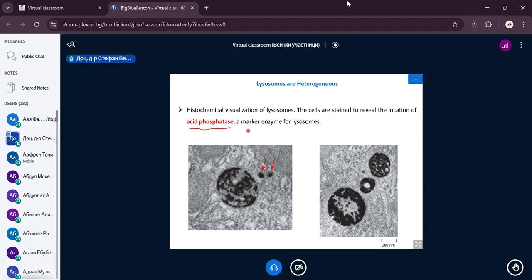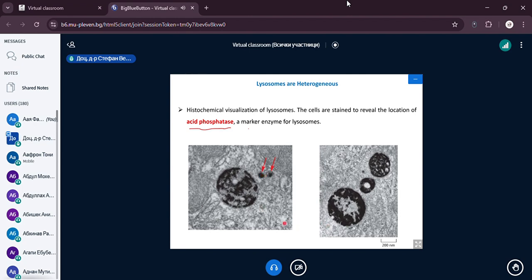And when this enzyme reacts with chemical substances containing lead, this lead precipitates in the lysosomes. And then, because lead is a heavy metal, when observed under electron microscope, the presence of lead atoms there accumulates electrons and makes this area of lead accumulation black on the more light gray appearance of the rest of the cytoplasm.